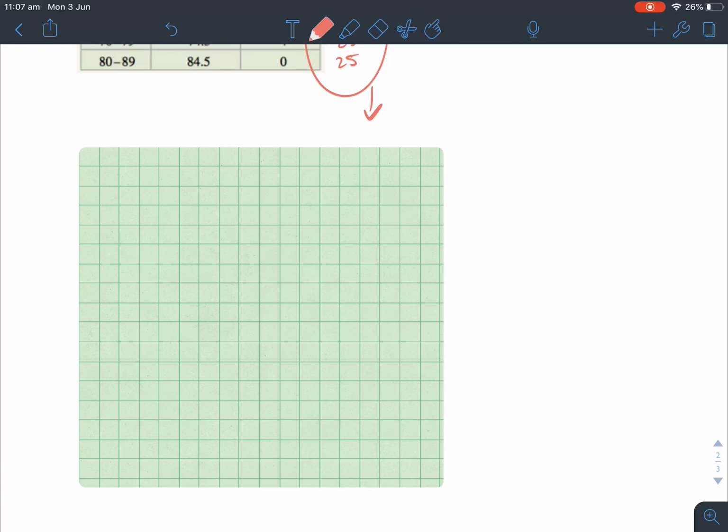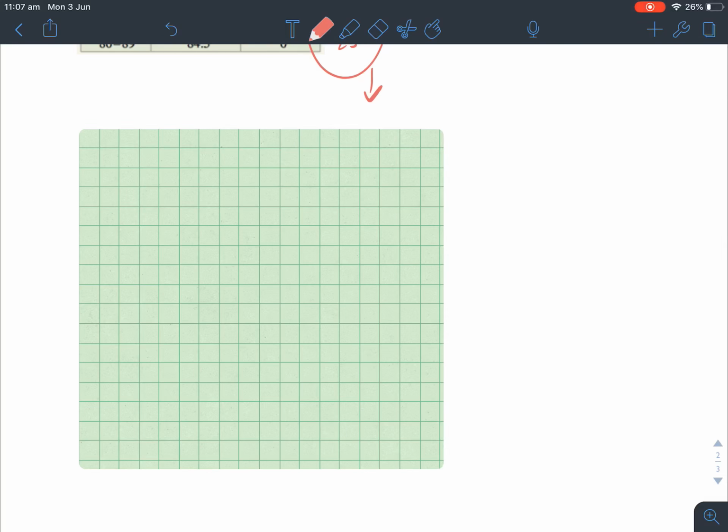Alright, so drawing the histogram again, we're going to need axes. So we've got weight in kilograms.